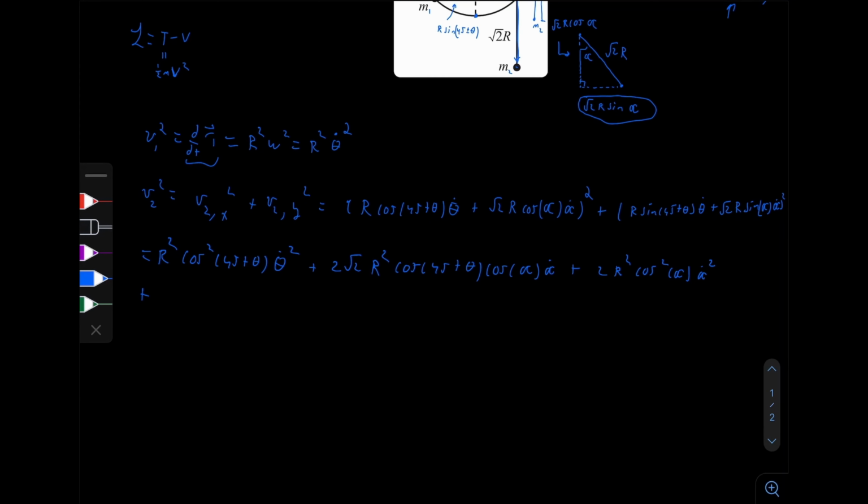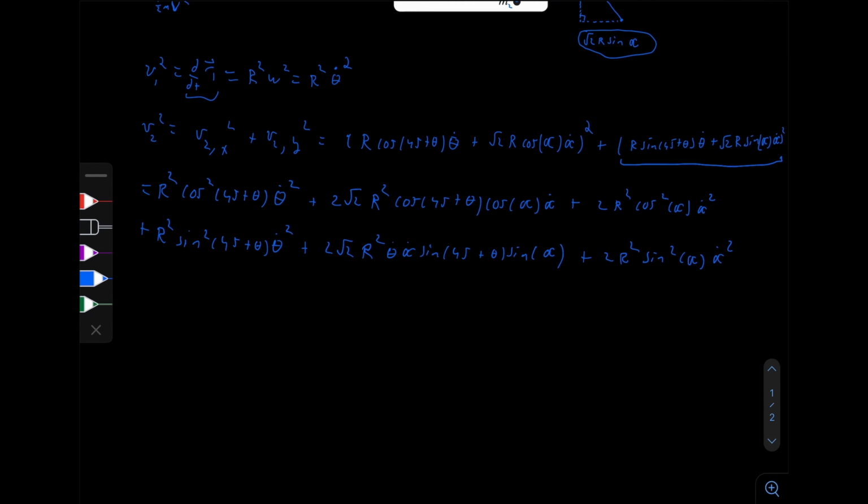So we're doing this one now: r squared sine squared of 45 plus theta times theta dot squared, plus 2 root 2 r squared. Let's see, bring these out first. Theta dot alpha dot sine of 45 plus theta sine of alpha. Oh, and one more: 2 r squared sine squared of alpha times alpha dot squared. Oof, what a doozy.